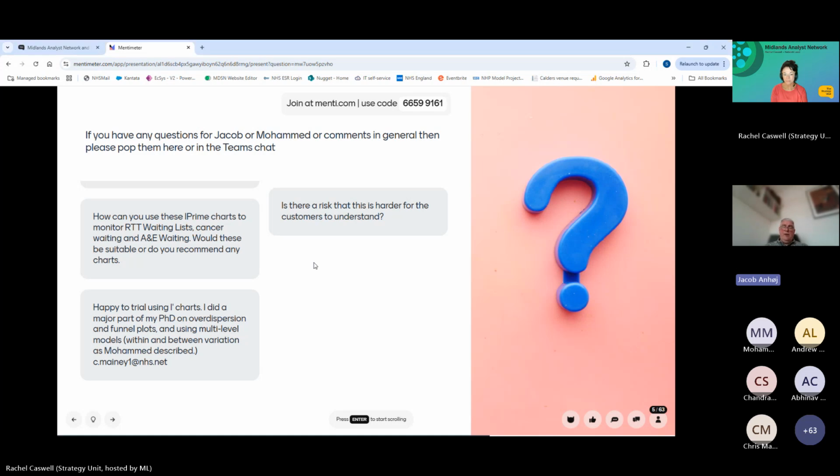You could also plot the average waiting time in a given time period, and the I prime chart will do that as well, as an alternative to the X bar chart. But again, we need more experience with these types of data, especially as average times tend to be skewed. I'm not sure what happens when you take very skewed data and put them in an I or an I prime chart. So it needs testing, doesn't it? We need to find out how it behaves.